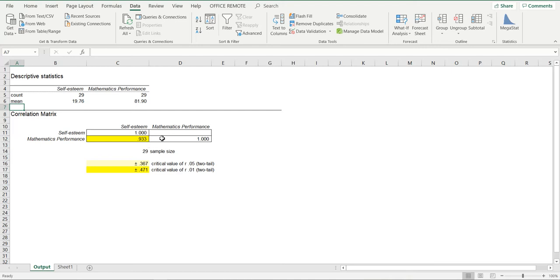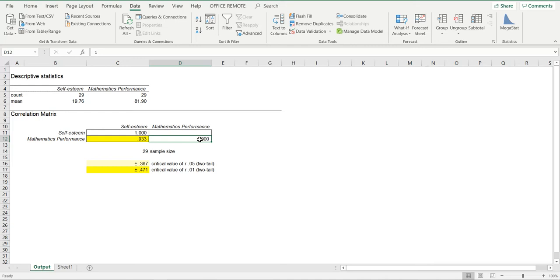Now, if the color of the cell is white, like this one, this one, this one, that means we're going to accept the null hypothesis. The coefficient in the cell is not significant at 0.05.